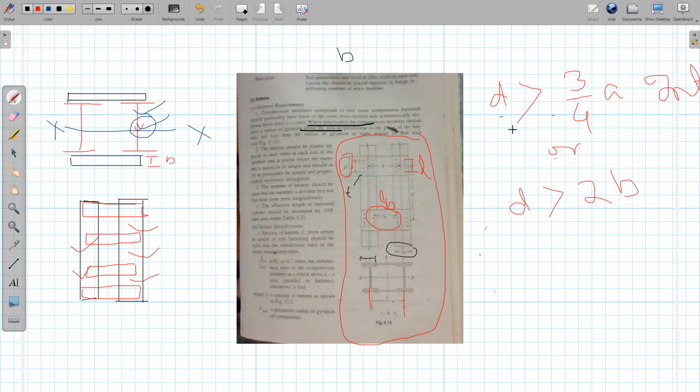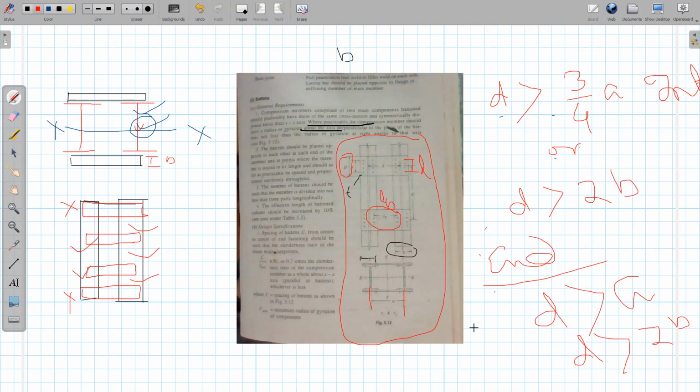So d should be greater than or equal to 3/4 a, and d should be greater than or equal to 2b. Out of these, whichever is the maximum value, we take as the d value for an intermediate batten. Now for end battens, I am talking about this one and this one, for end battens d must be greater than a and d must be greater than 2b.